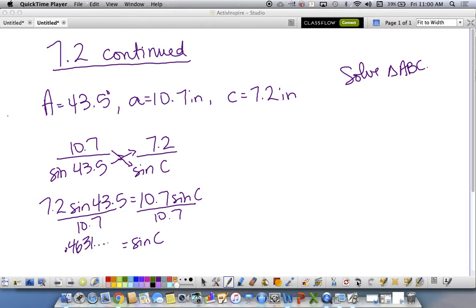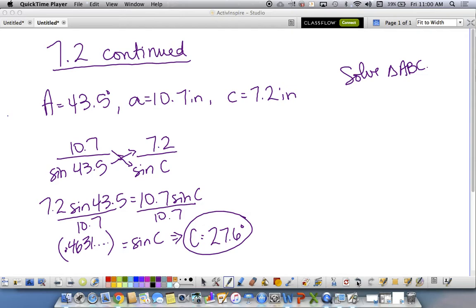Does it make a triangle? Yes, it does. So when we do the inverse of sine, and plug in this decimal number that's still in our calculator, we have angle C equals 27.6 degrees.